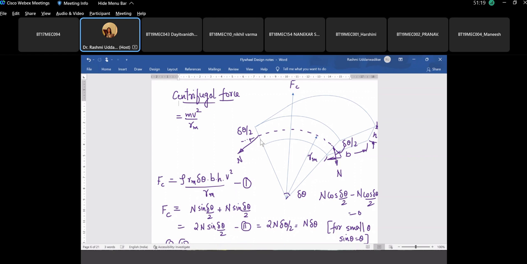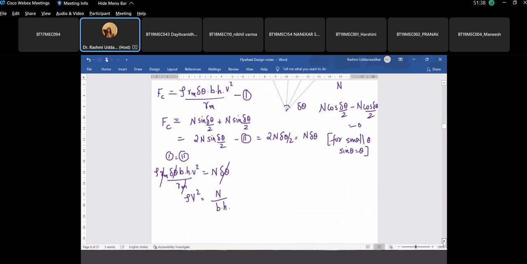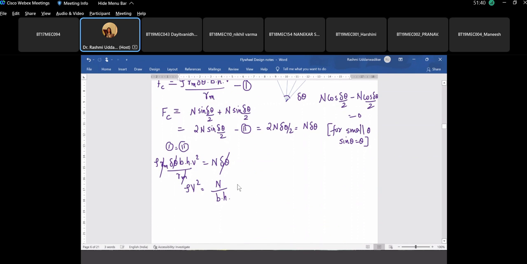While shearing off, this is shearing away from this section, which means the entire stress is acting along this surface. So the stress is always perpendicular to its cross section. And this is the normal stress or the centrifugal stress. So this N by bh happens to be centrifugal stress.